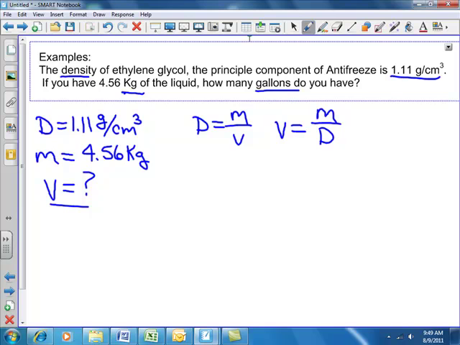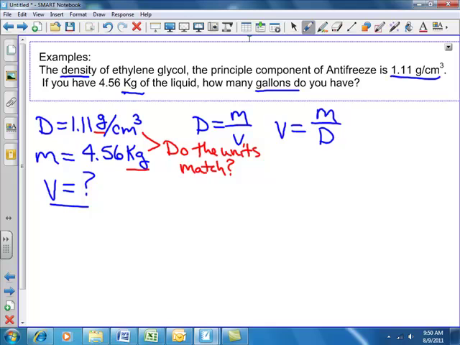One of the things you're going to need to look at first is: do units match? That's one of the first questions you have to ask. In this particular case, they don't, because you have kilograms and you have grams.